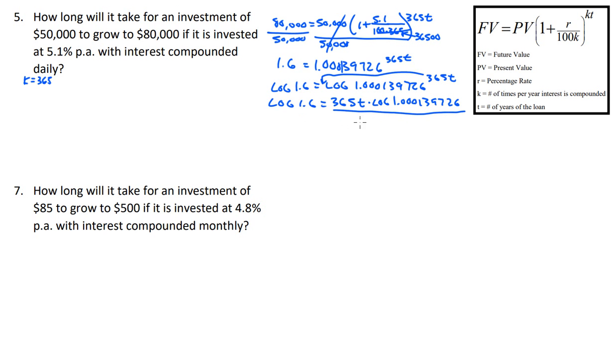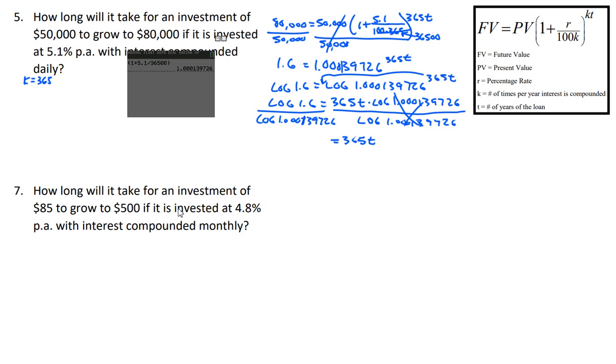Okay, so divide both sides by log 1.000139726, oops, forgot a zero here. Those go away, and we get 365t equals whatever this is.